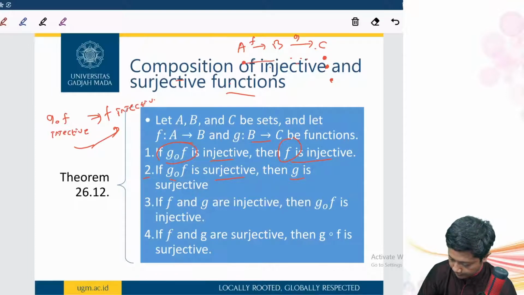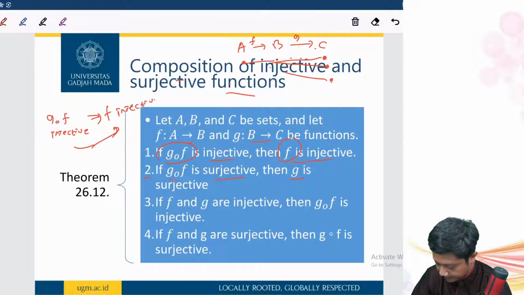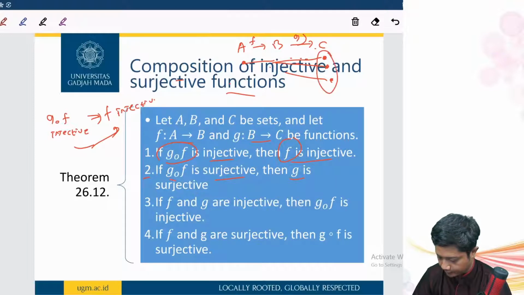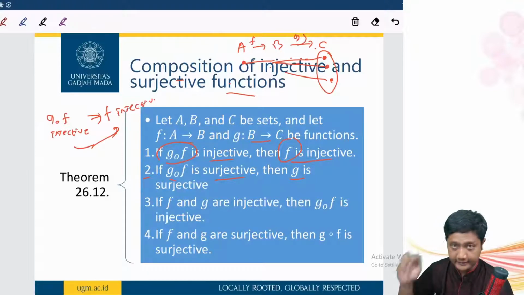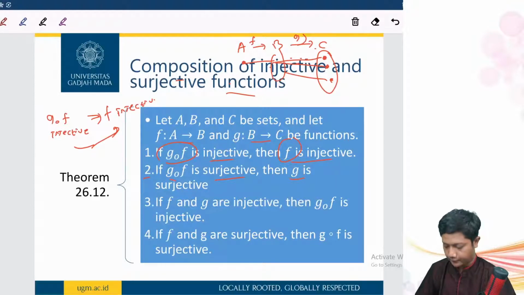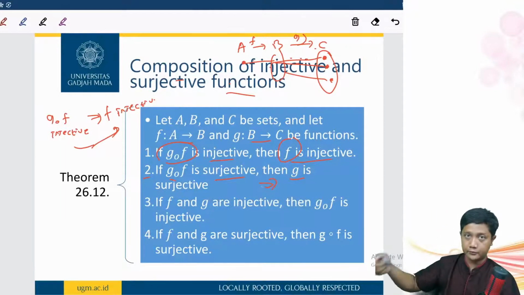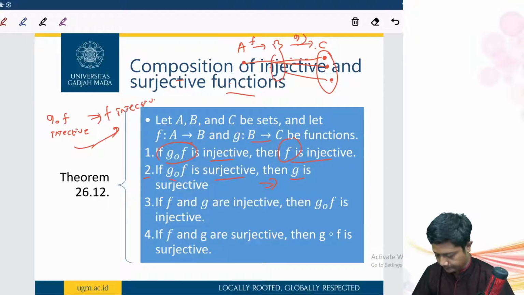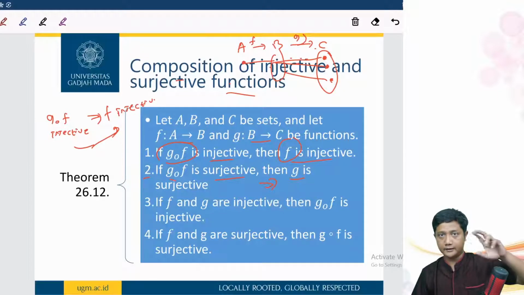So this one goes to here, everyone. That means if we only look at G, every object in C also has a partner in B. That's why G is surjective. And once more, it's only one way, only from left to right. So it's not a biconditional.